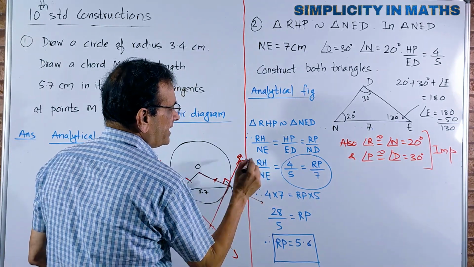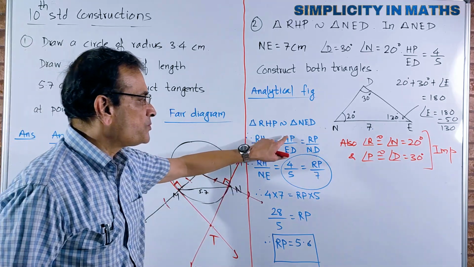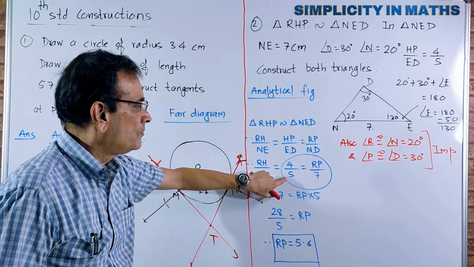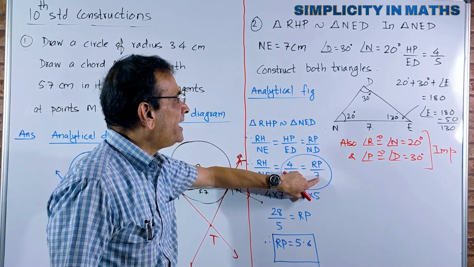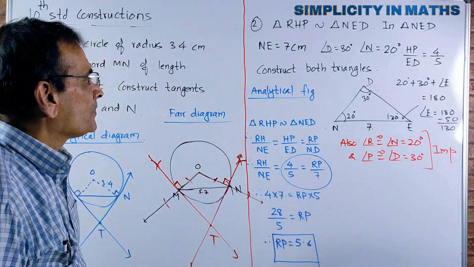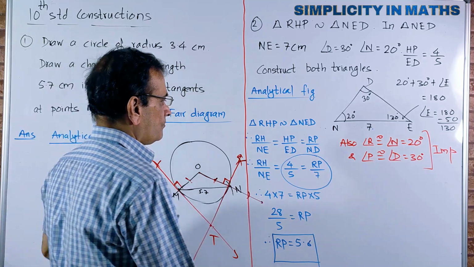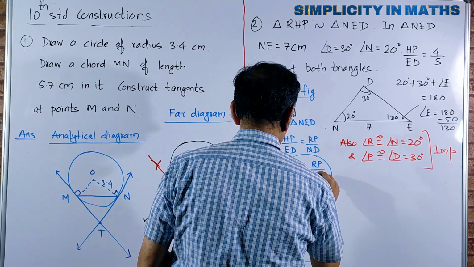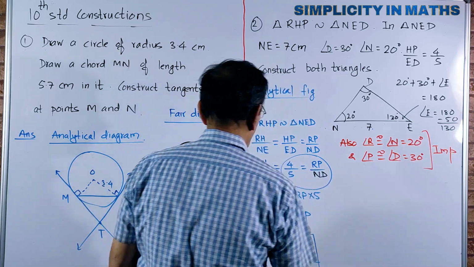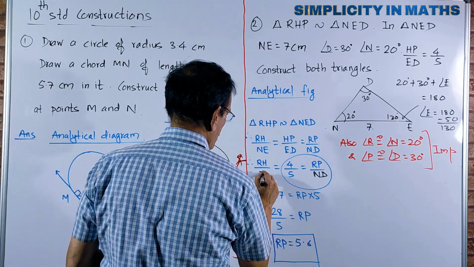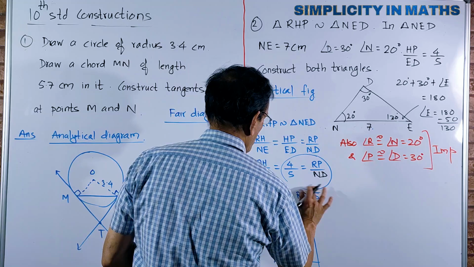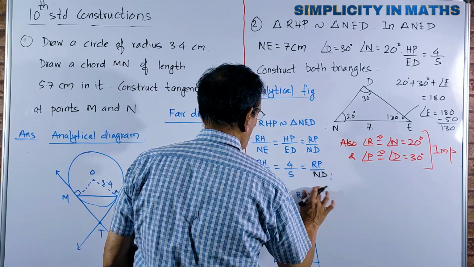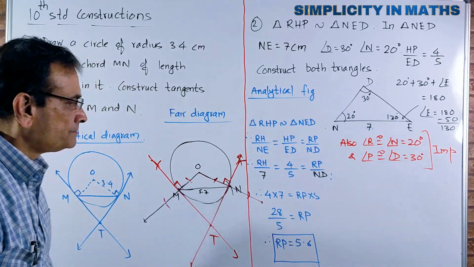So RH upon NE, HP upon ED दिया है 4 upon 5 is equal to RP upon ND. NE is given.